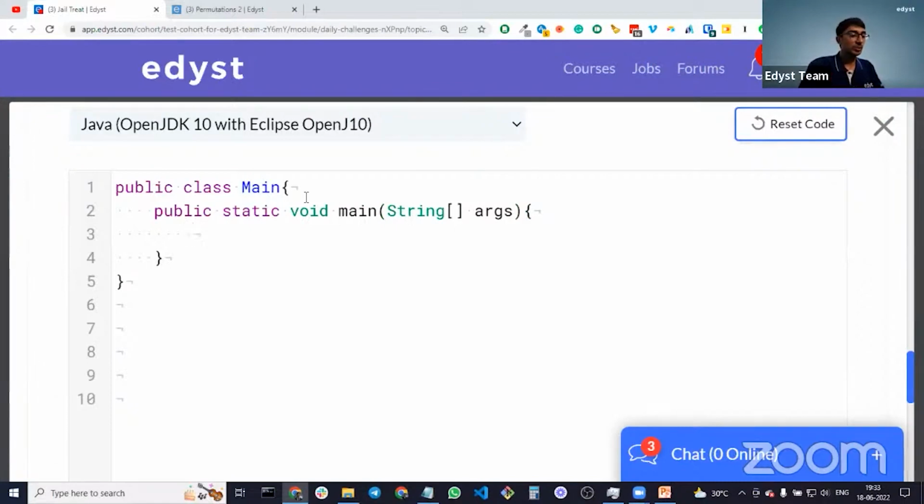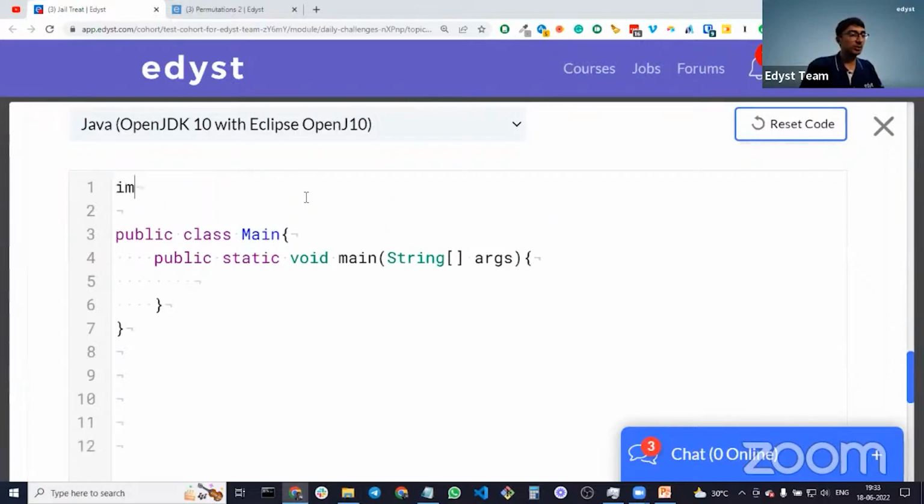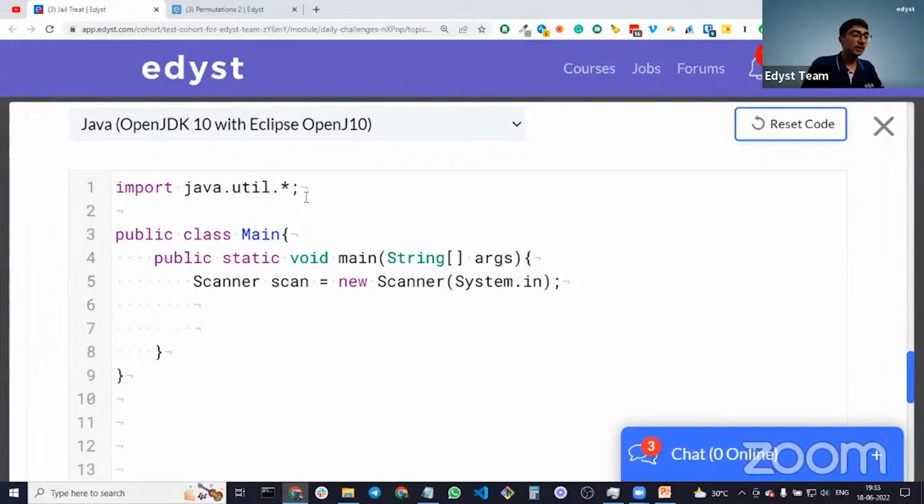Okay, so we need to have a scanner as well. So import java star, let's say, and Scanner scan is equal to new Scanner System.in. Then what else was there? First take test cases. So int is equal to scan.nextInt.